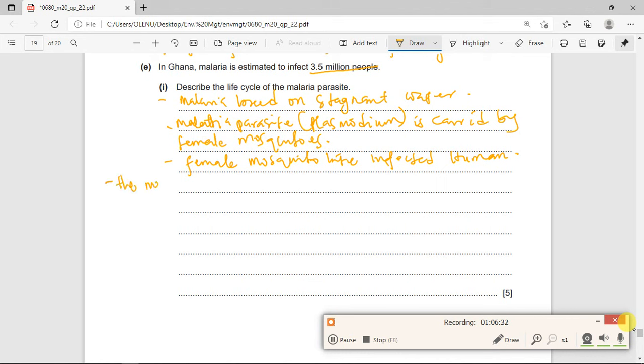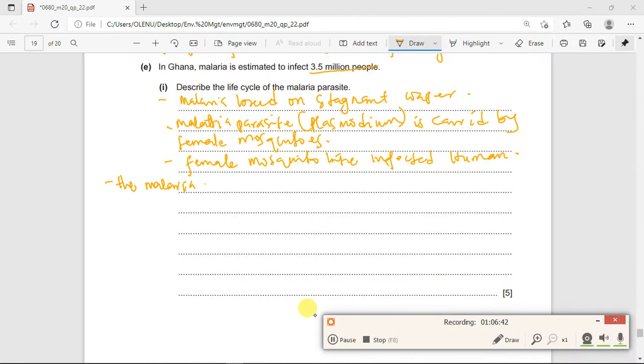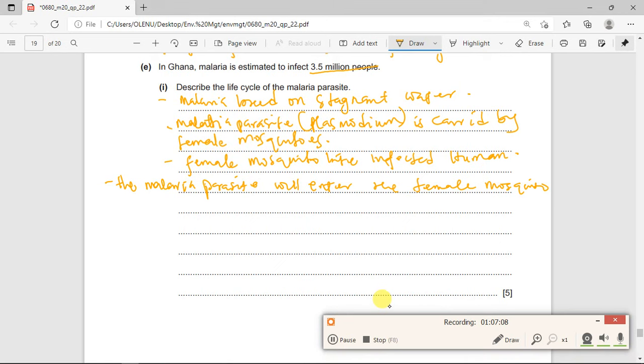So the female mosquito bites an infected person, and the malaria parasite will enter the female mosquito and reproduce.